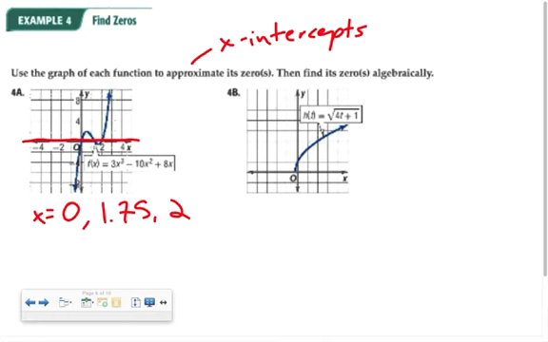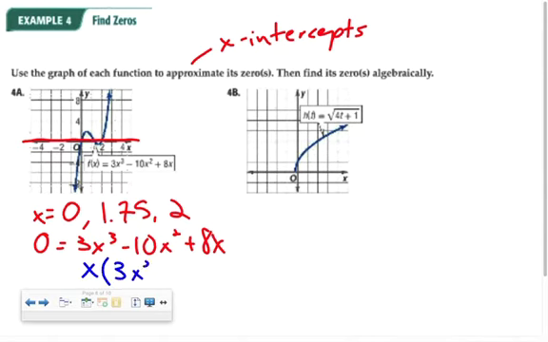All right, so if I have that 0 equals 3x to the third minus 10x squared plus 8x, first thing that I would hope that you'd realize is that this polynomial has a greatest common factor of x. So let's factor that x out. That'll leave me with x times 3x squared minus 10x plus 8.